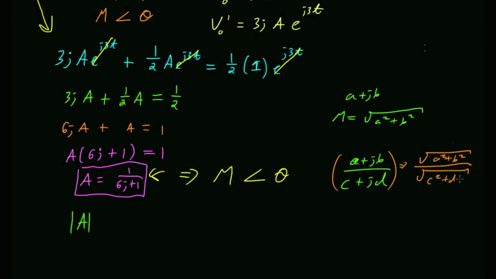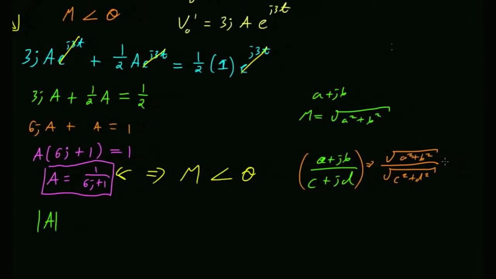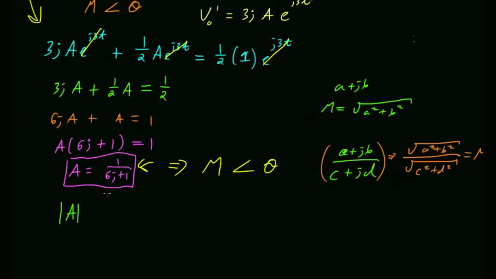Applying that knowledge to this complex number, give me the magnitude of the numerator divided by the magnitude of the denominator. The magnitude of 1 is just 1. The magnitude of the denominator is root 37.